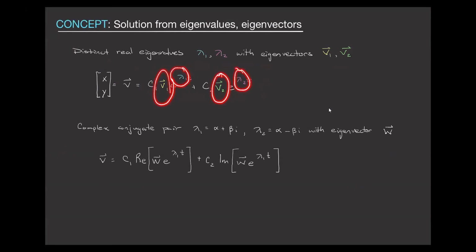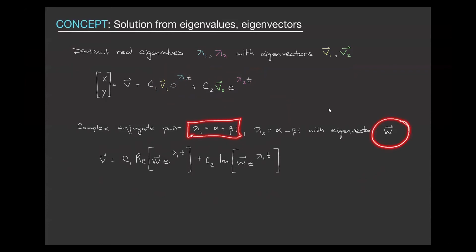But using Euler's formula and rewriting, what you can actually find is that there are real solutions that don't have any complex parts, again, due to Euler's formula. And you can write it like this, where you just use a single complex number, you find a single eigenvector, which will have complex number entries, and then you divide up this thing.